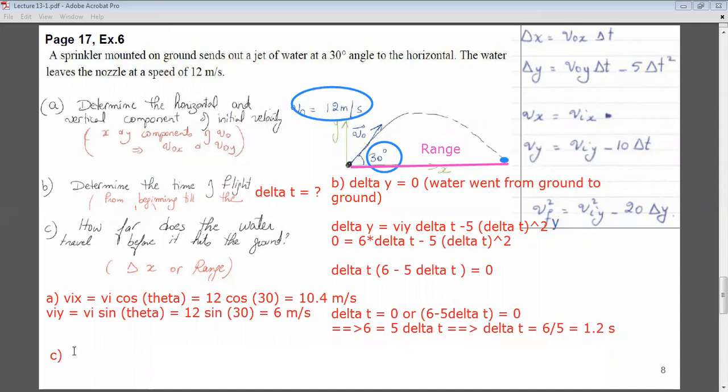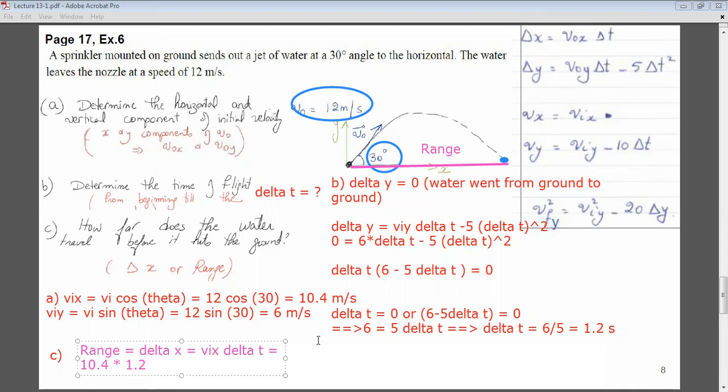So the range, or delta x, equals the first equation, v initial x times delta t. Now I have v initial x, which is 10.4, times delta t, 1.2.